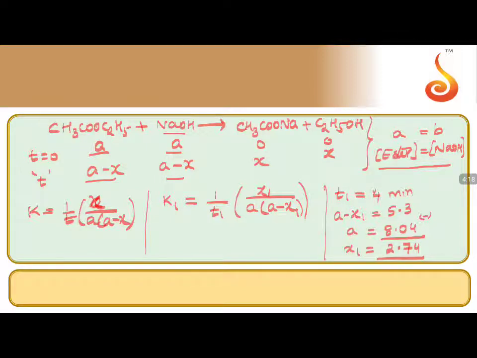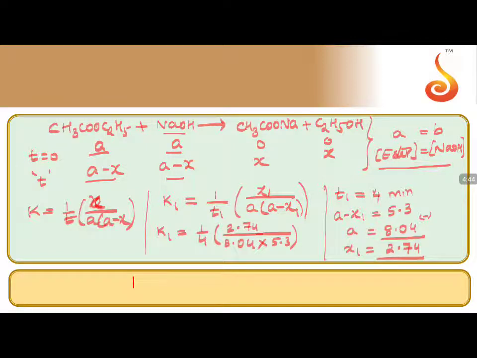Substituting these values, k1 is equal to 1 by 4 into 2.74 by 8.04 into 5.3. So what will the answer be?